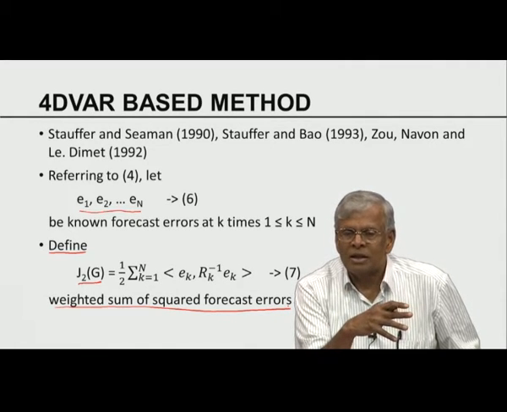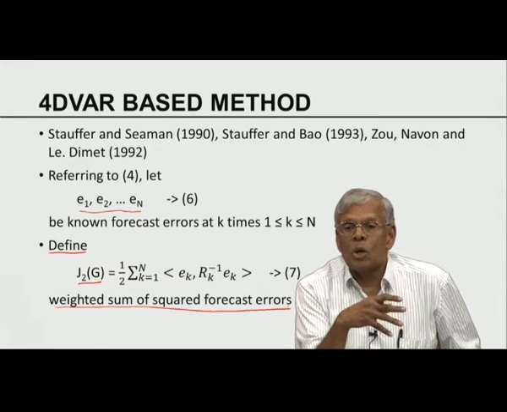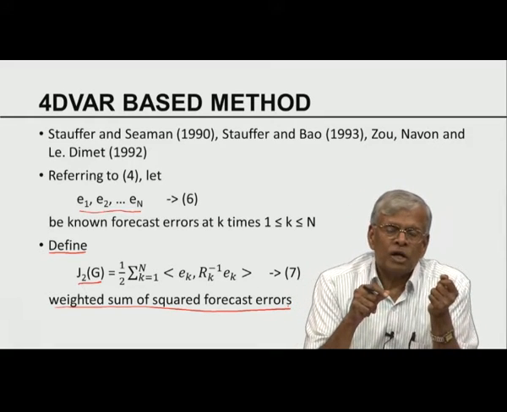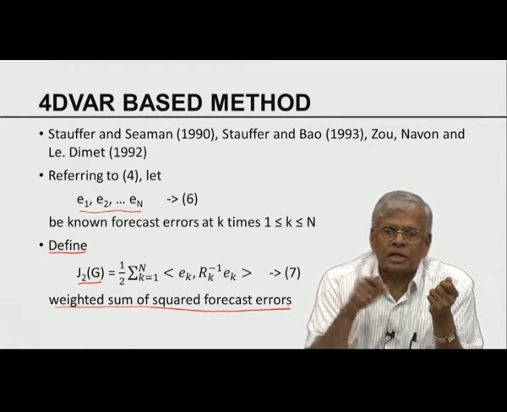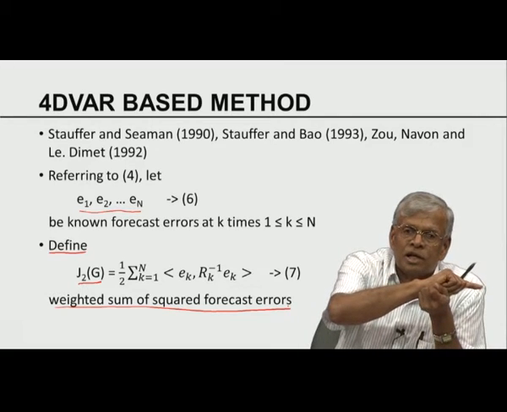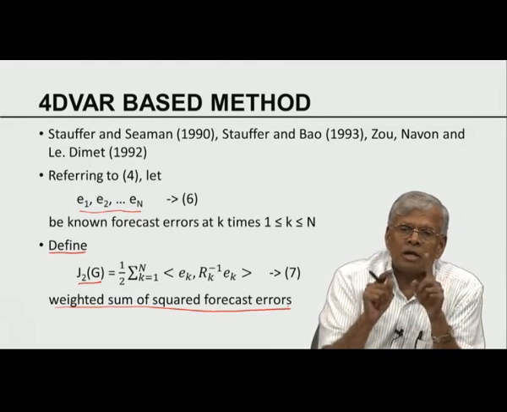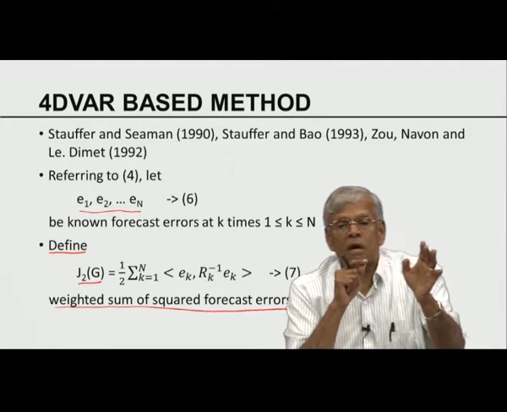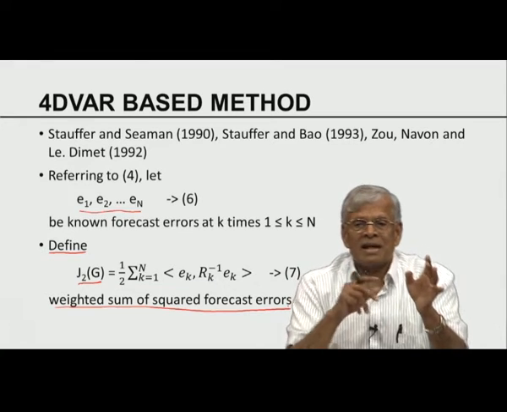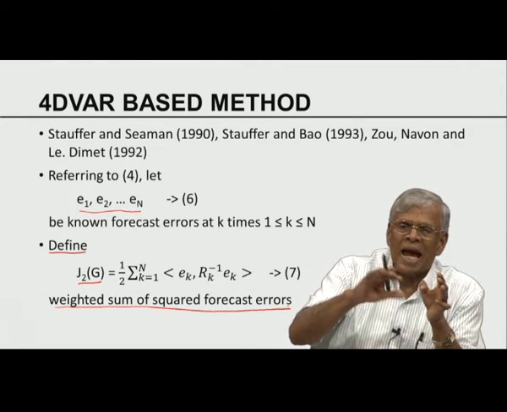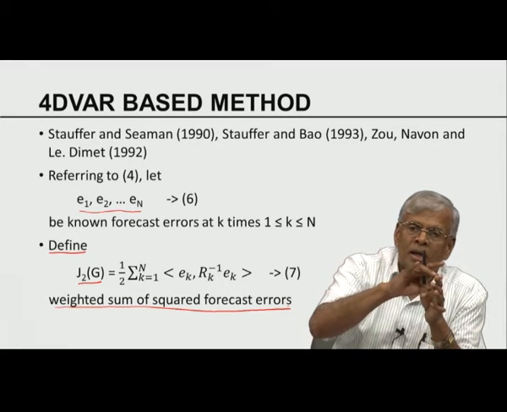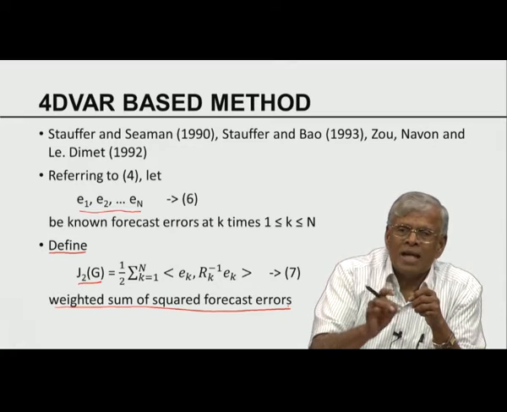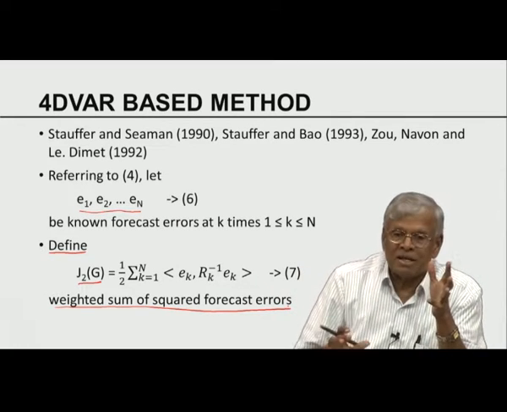So they would like to look at this scheme as though it were a 4D-Var scheme to be able to estimate G. Another difference is that in the classical 4D-Var they used these kinds of objective function to decide the optimal initial condition. In the nudging, I am not going to worry about where the model starts. Initially the model may have forecast errors, but as time goes on, adding the G Ek forcing to the model will try to correct the model forecast errors while the model is in evolution. So that is the basic idea.